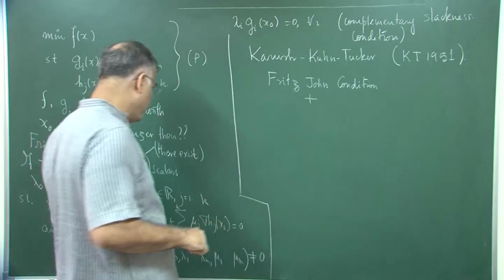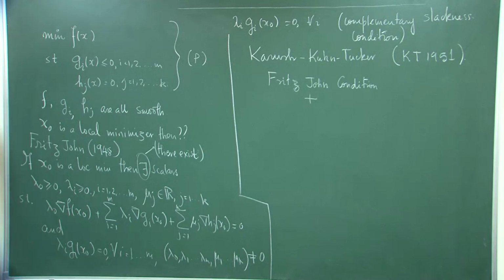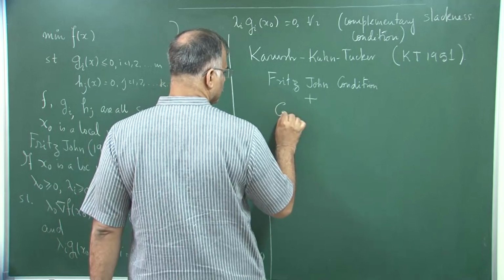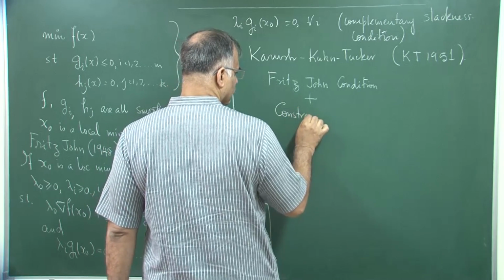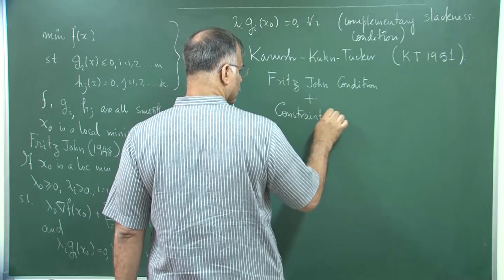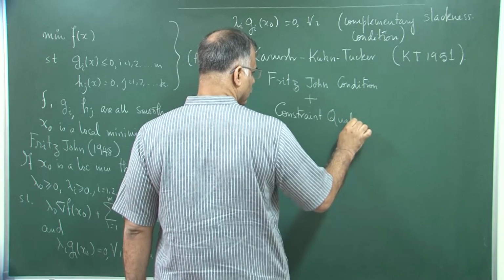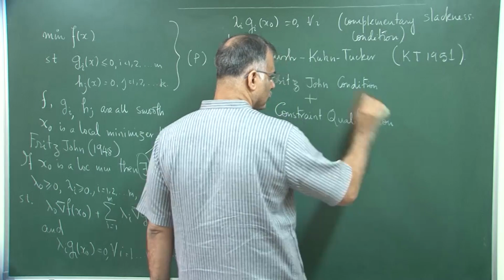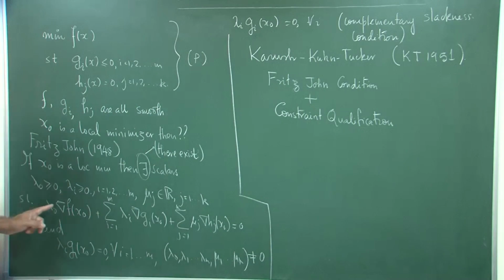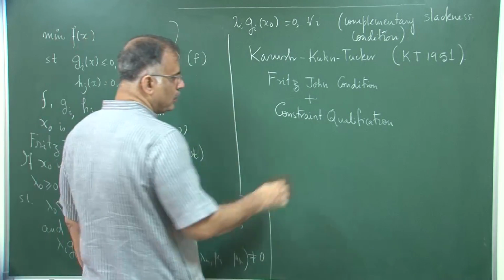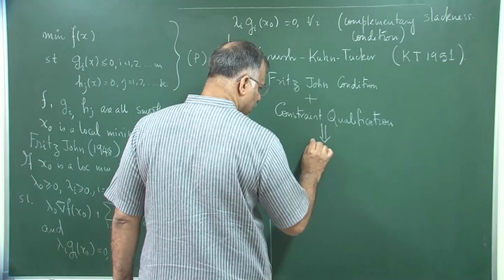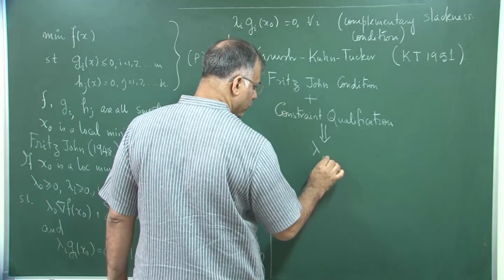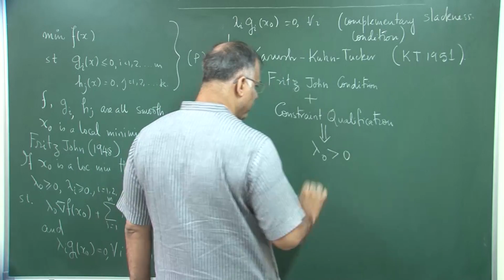add with it some conditions on the constraints, that are called constraint qualifications. And once you do that, you can show that by choosing a proper constraint qualification, lambda naught is strictly bigger than 0.